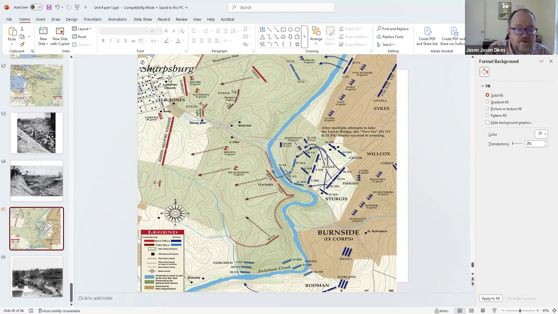And so that allowed the Confederacy to reform their lines and prevent any sort of breakthrough. 5,000 Americans died at Antietam, or Sharpsburg, the single bloodiest day in American history, twice the casualties of D-Day in 1944, more than we lost in 9/11.